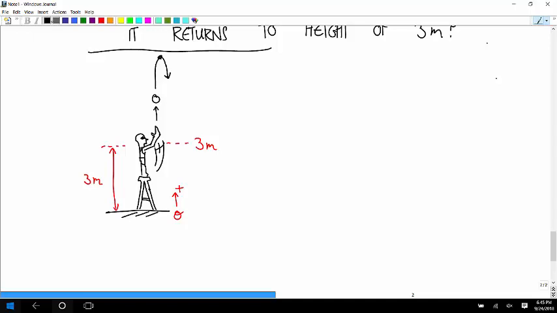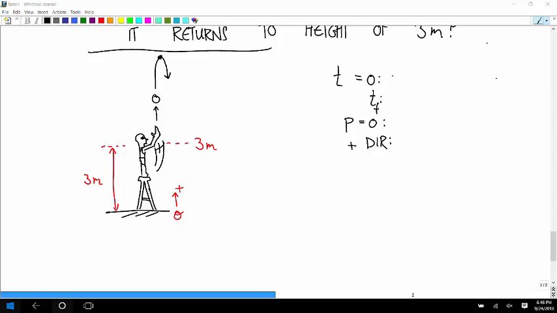Okay, so let's first choose these 4 things. So first, what do we want to choose as our instant where time is equal to 0?